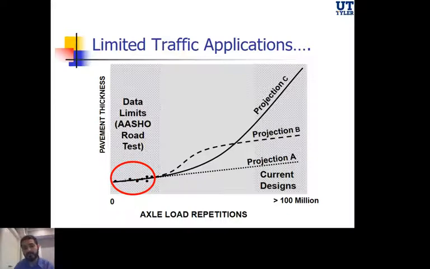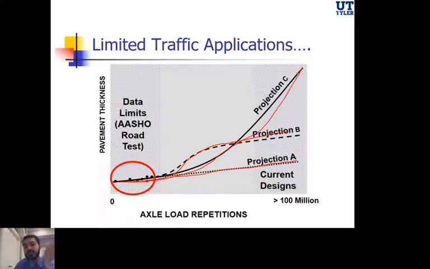I can say the amount of traffic from the 60s is going to have linear growth and continue as is, and I'm going to have projection A. Or projection B, where traffic increases and then stabilizes again. Or, as in other cities in the States nowadays, projection C, which is just an exponential increase of traffic with time.